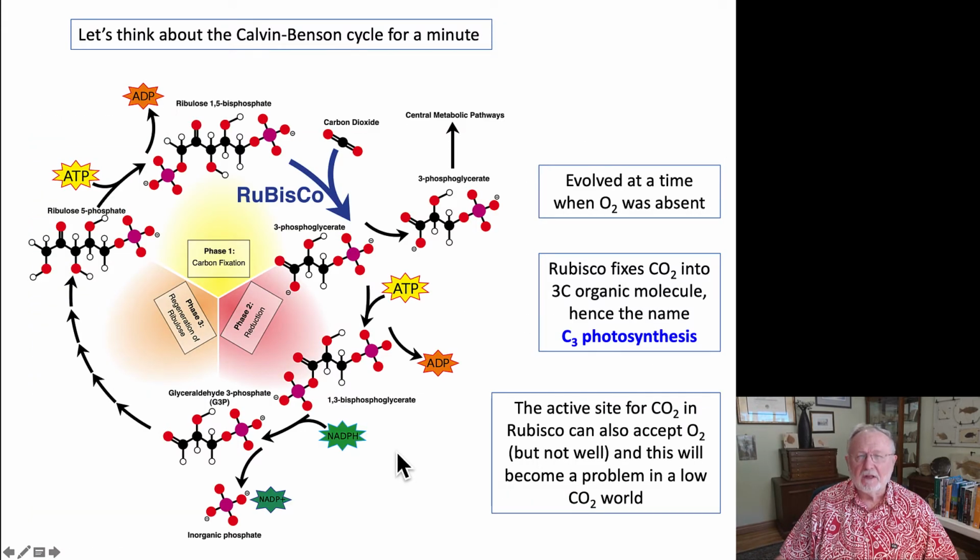It turns out that that pathway has a downside to it. Here you see the Calvin-Benson cycle, in which we have carbon dioxide combining with a 5-carbon molecule, ribulose bisphosphate, through the action of an enzyme called rubisco, ribulose bisphosphate carboxylase oxygenase.